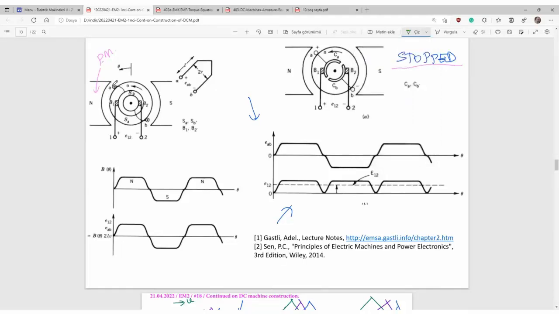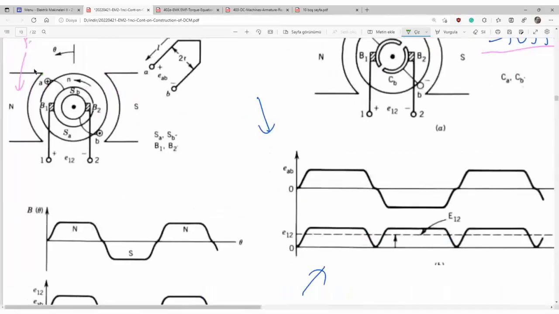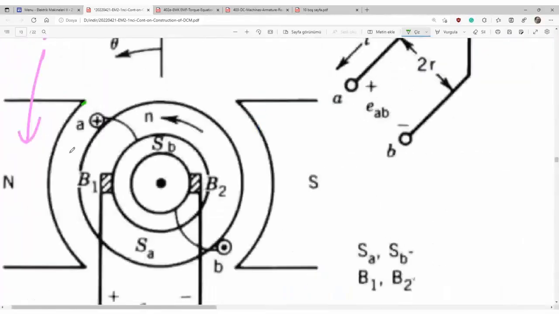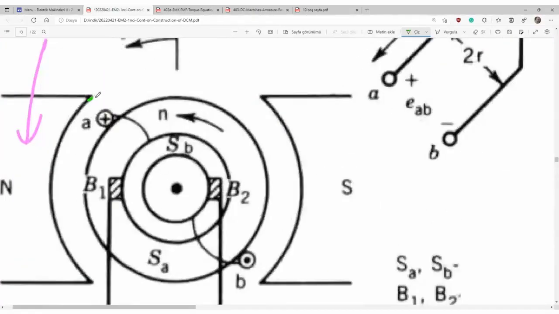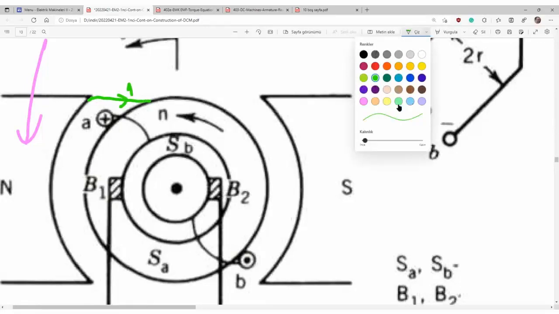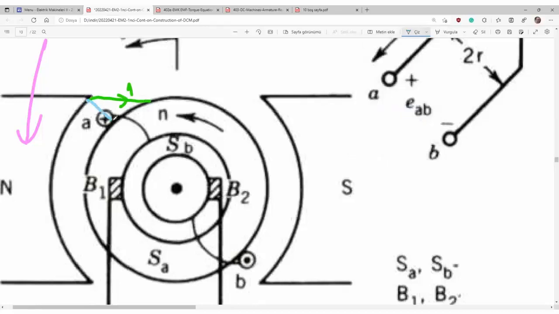First of all, let me ask you a question. Which one is correct? The first one: magnetic field line coming here goes to here. And the second one: magnetic field line comes here and goes like here.